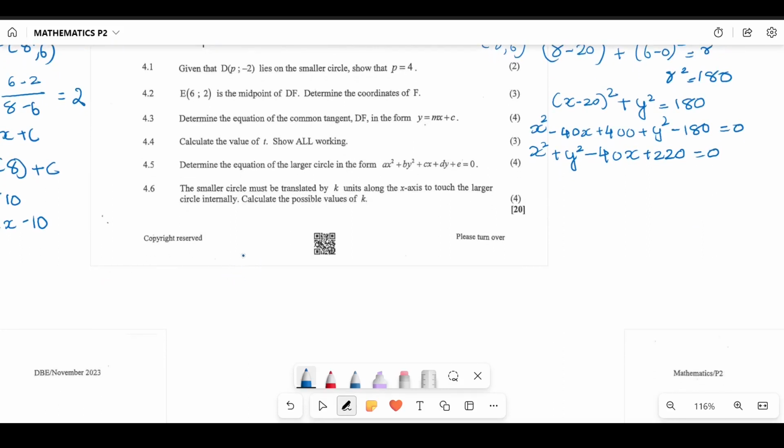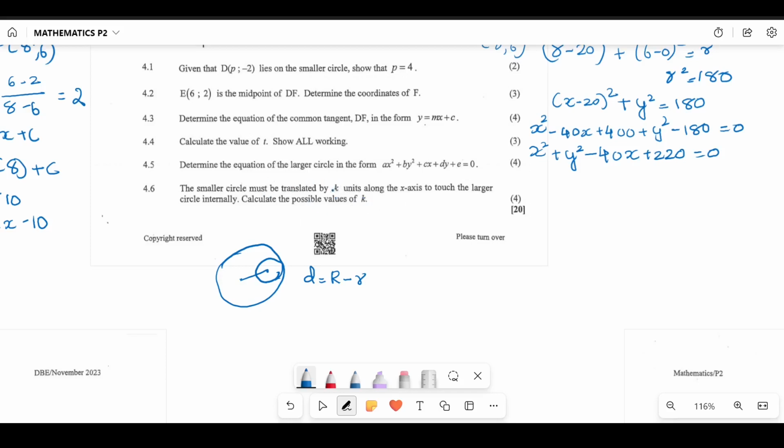If one circle touches another internally, the distance between the centers will be the difference between the radii of the two circles: the radius of the bigger circle minus the radius of the small circle is the distance between the centers.